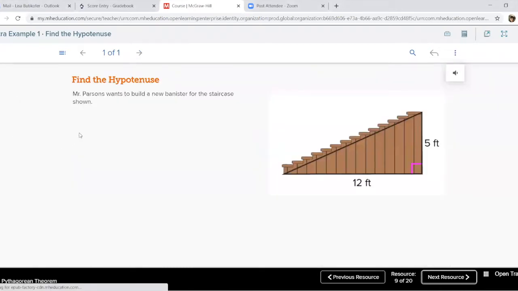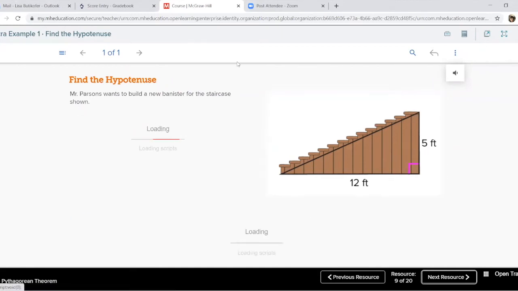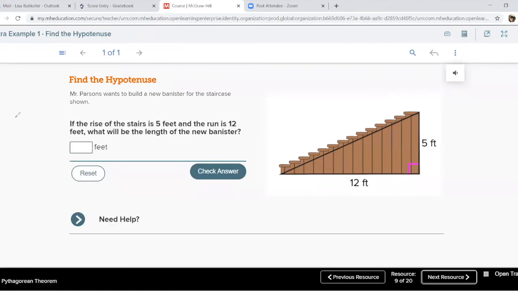So let's look at this one. Mr. Parsha wants to build a new banister for his staircase. So we have our a, which is 12 feet, so 12 squared plus 5 squared equals x squared. We don't know what this is right here, so we'll just name it x. So 12 squared plus 5 squared is 169 equals x squared.